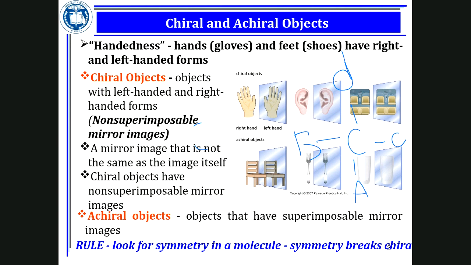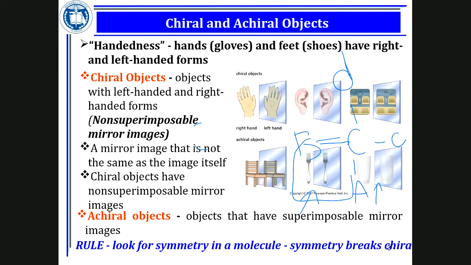Now, some objects have superimposable mirror images. You have the example of this fork, or this glass that is completely symmetrical, where you could see the mirror image is superimposing.